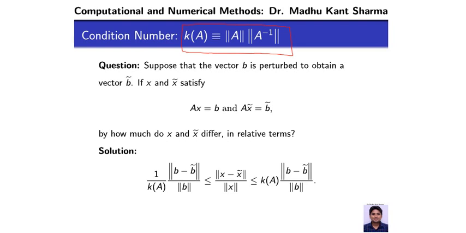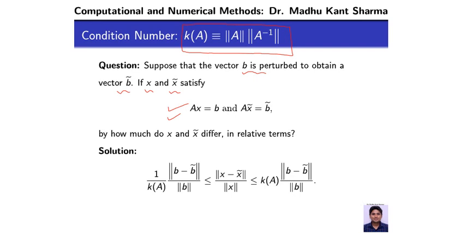And what we obtained is, if you perturb the vector B to obtain a new vector B tilde, then the solution X is also perturbed to X tilde, and both will satisfy the following relations: AX equals B and AX tilde equals B tilde.